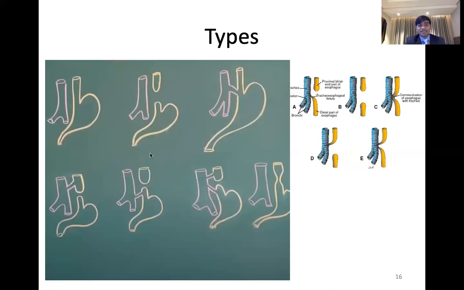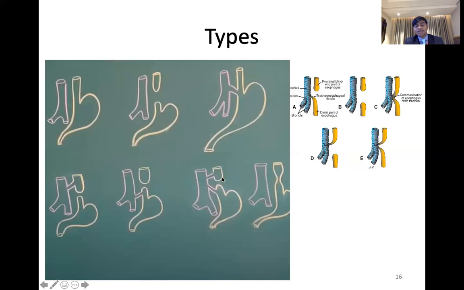Now, in this condition, the fistula is towards the distal end. So instead of proximal, we say distal tracheoesophageal fistula with esophageal atresia, right? In this condition, there are double communications, proximal as well as distal, and esophageal atresia is there.